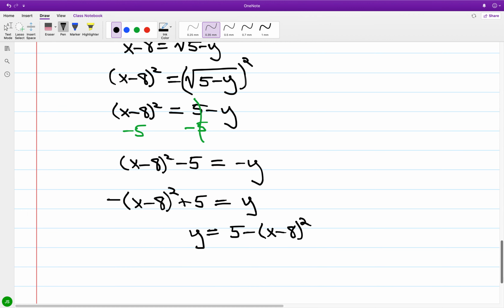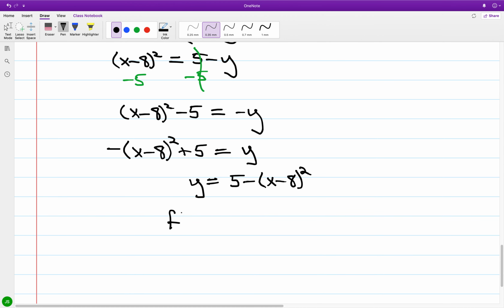And this y is going to make reference to the inverse function. So the inverse function is equal to 5 minus the square of x minus 8.